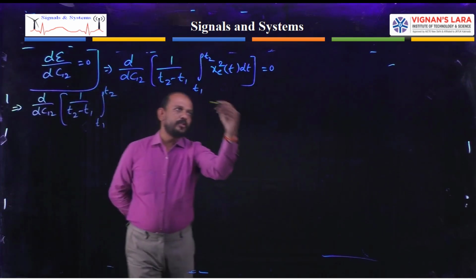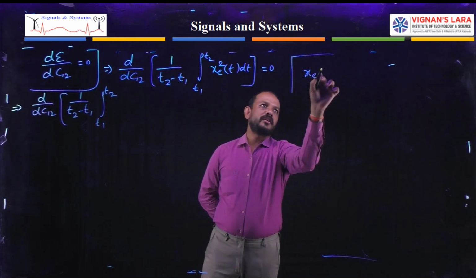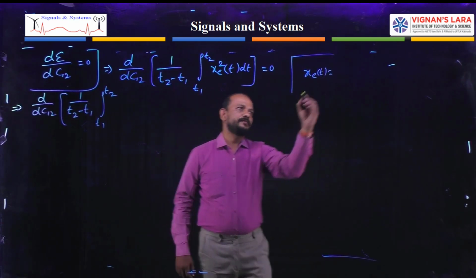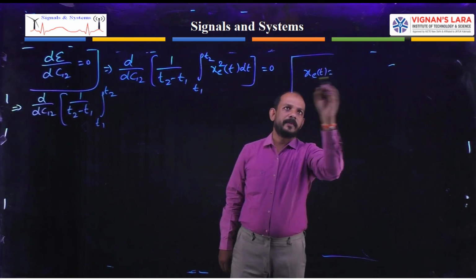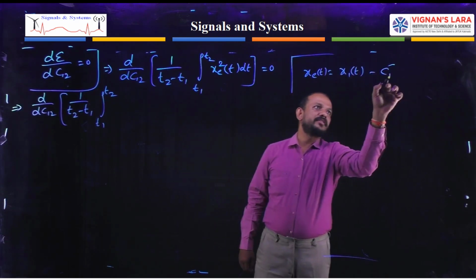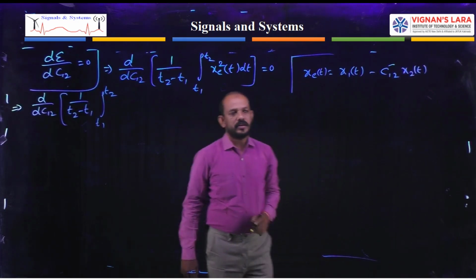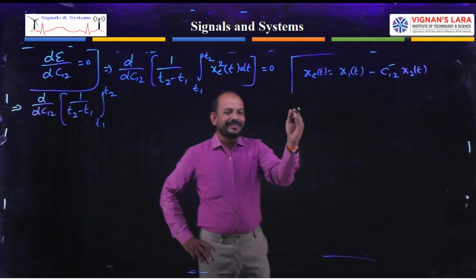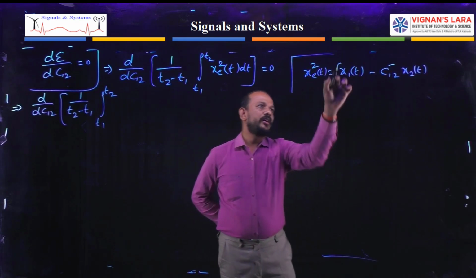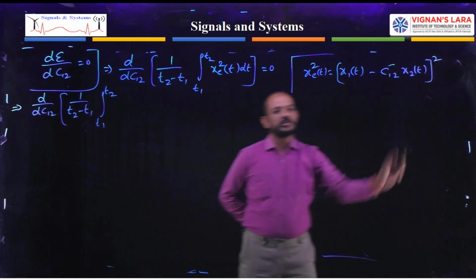Here we all know the value of xe of t. The value of xe of t will be equal to x1 of t minus C12 x2 of t. Now I need the square of it, so I have to take x1 of t minus C12 x2 of t whole square.